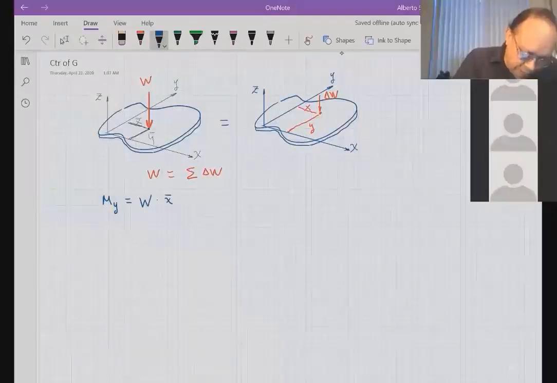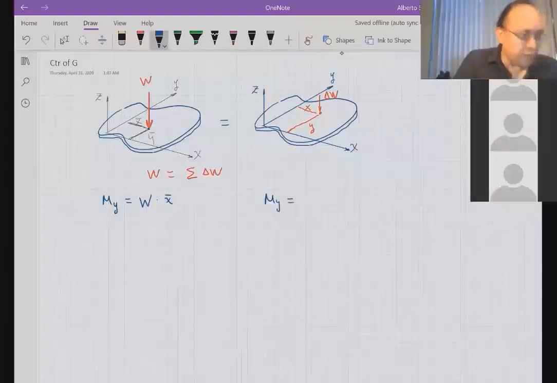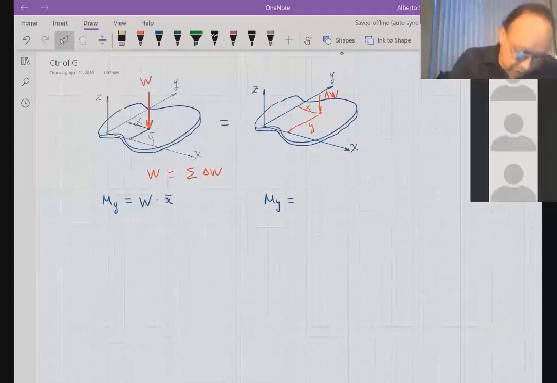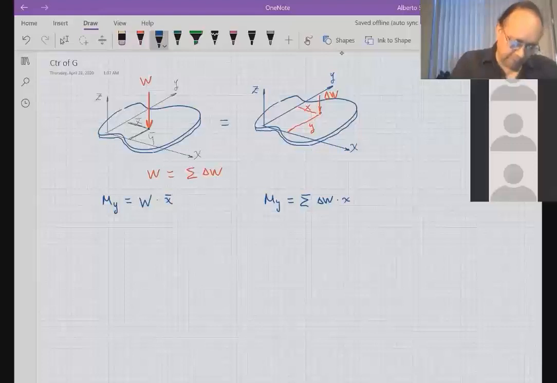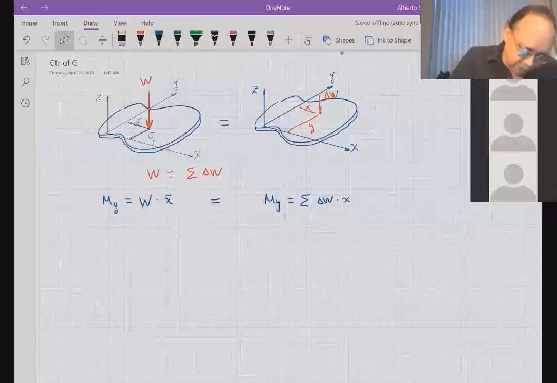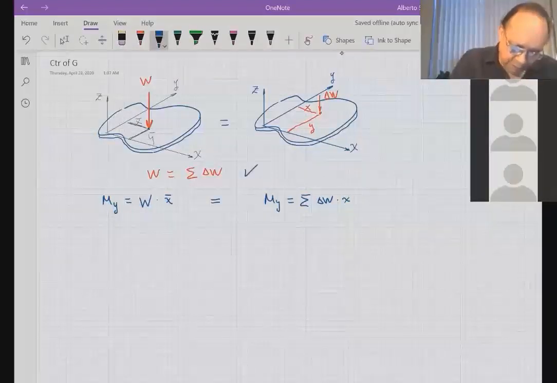That moment has to be the same moment produced by the summation of all the particles that make up the whole plate. So that has to be equal to every little weight multiplied by its own lever arm. In that case, this will be x. If these two are equal, we meet the second condition: the magnitude of the forces is the same, and the moment produced is the same.